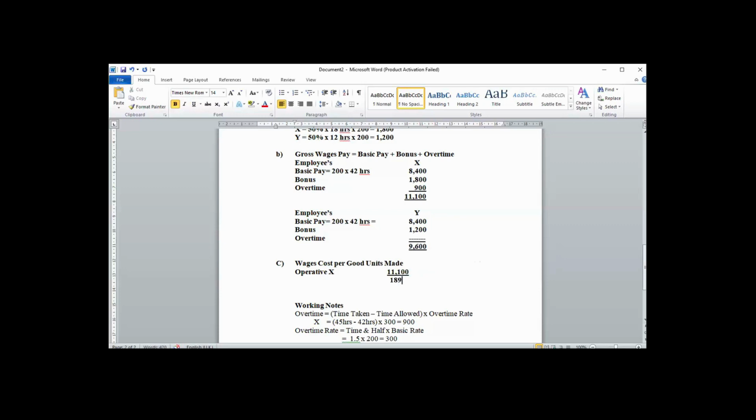Total units. Take out the ones that are bad. The defective ones are how many? 6 for X.